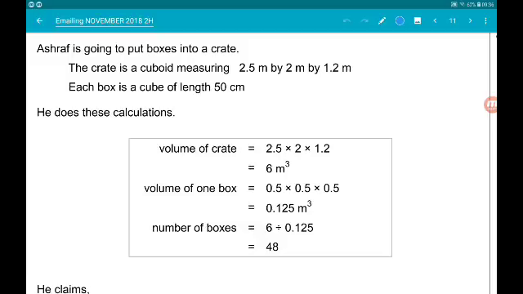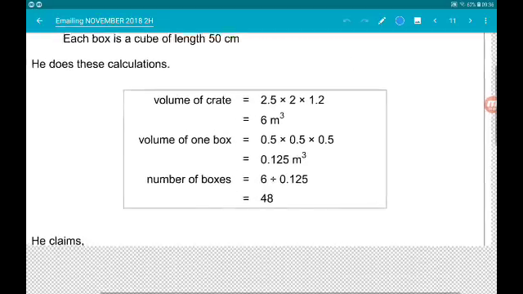Okay, question 13. Ashraf is going to put boxes into a crate. The crate is a cuboid measuring 2.5 meters by 2 meters by 1.2 meters. Each box is a cube of length 50 centimeters. He does these calculations.